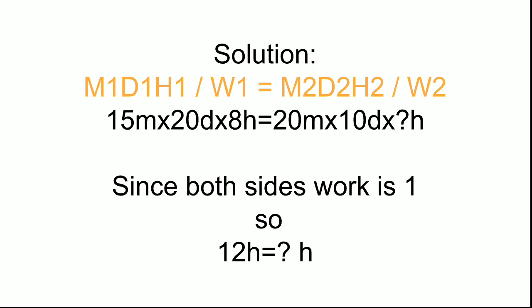So taking equal value 20 men into 10 days into what hours? Question mark means the value is not known to us. By calculating this, we are getting 12 hours as the unknown value of hours taken.